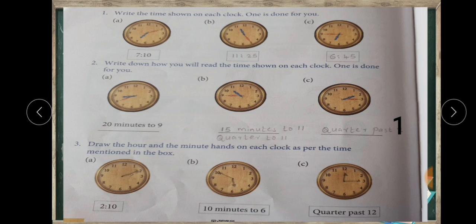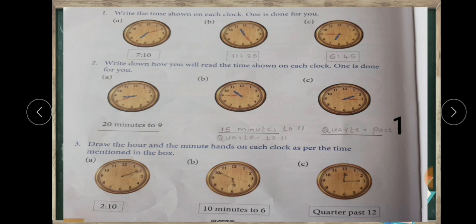And the second question, write down how you will read the time shown on each clock. The first one is done for us. Here the clock shows 8:40, which means 20 minutes left to reach 9. So instead of 8:40, we can write 20 minutes to 9.